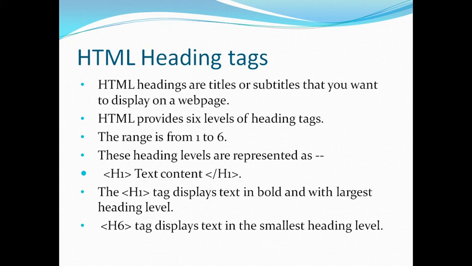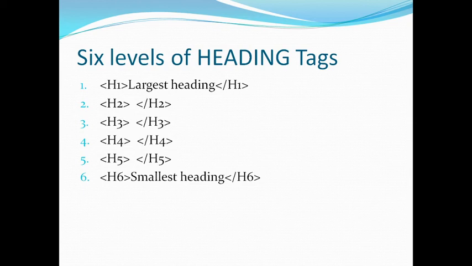Next, the h6 tag displays text in the smallest heading label. So here are your 6 levels of heading tags. First is h1, that is the largest heading label with bold. Then h1 close. Second is h2, h2 close. h3, h3 close. h4, h4 close. h5, h5 close.